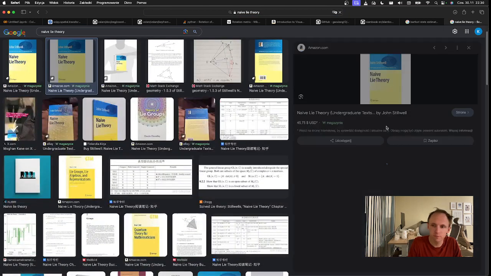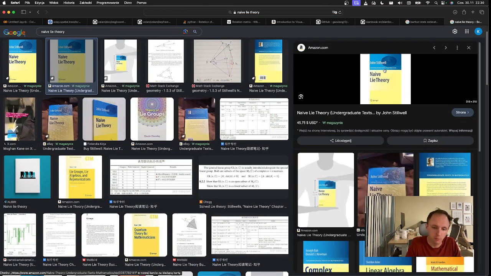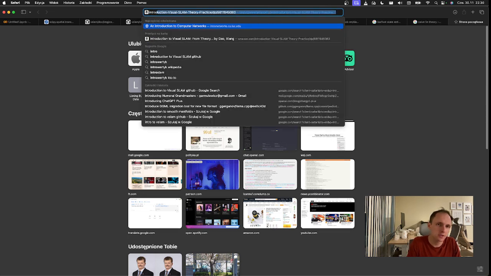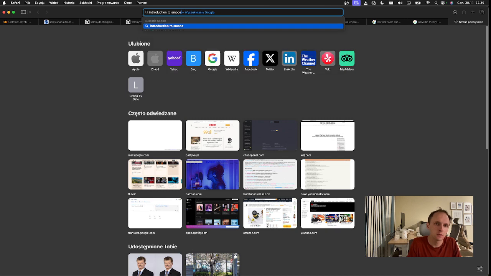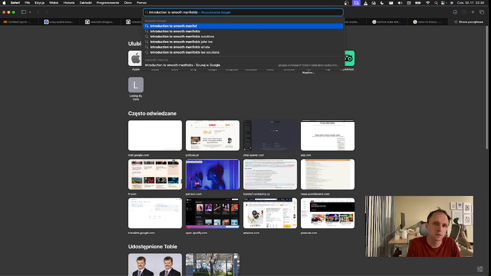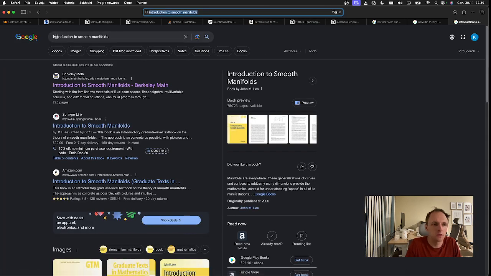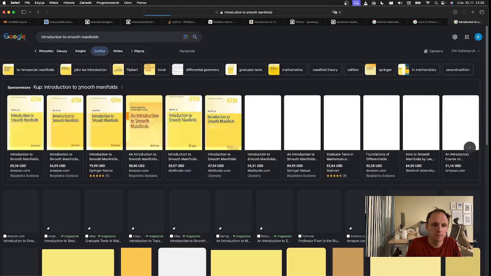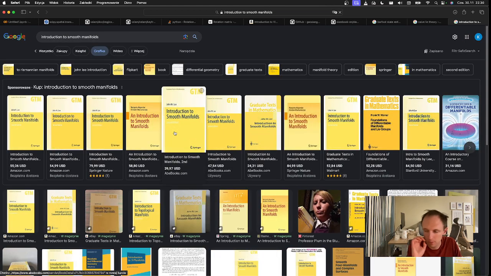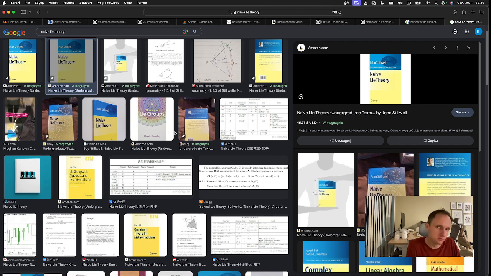Here's the book, a very nice book. My favorite book, which only touches on this, is this. It's not mainly about Lie theory, but it has a bunch of chapters about this, and yeah, I just love this book.